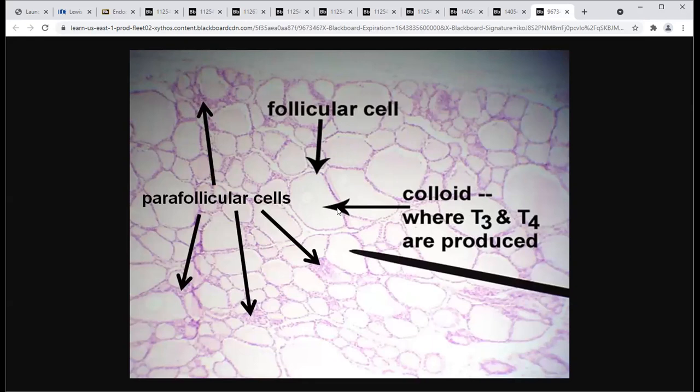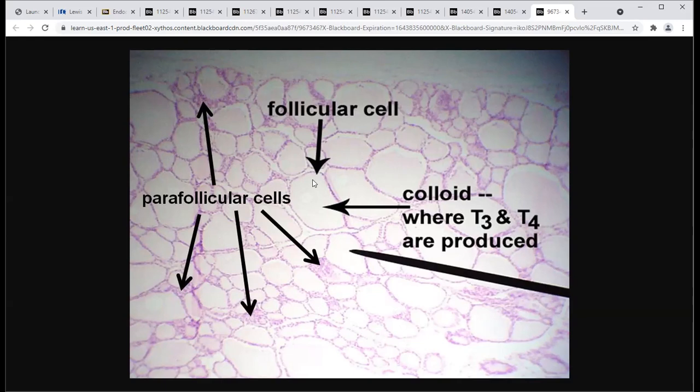We'll see the entire process in lecture. So the location within the thyroid gland for T3 and T4 production is the follicles, and follicular cells are ultimately responsible for making T3 and T4 hormones.